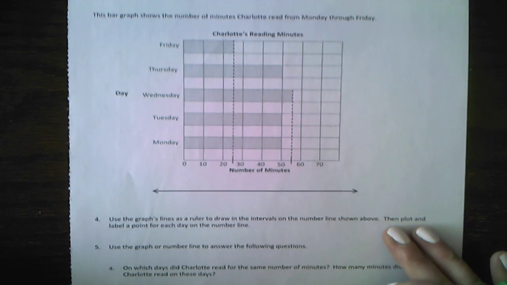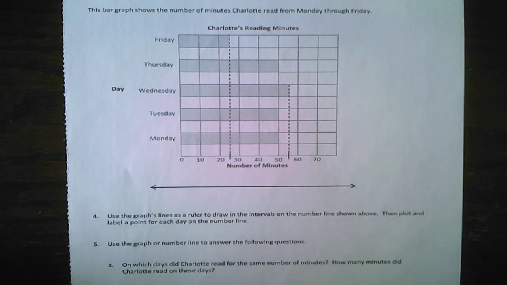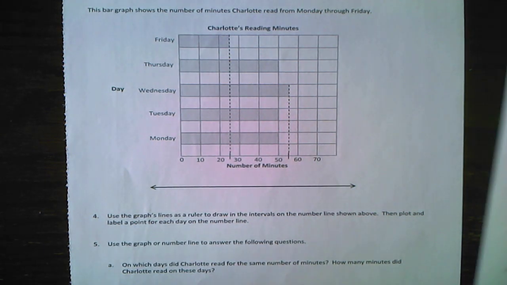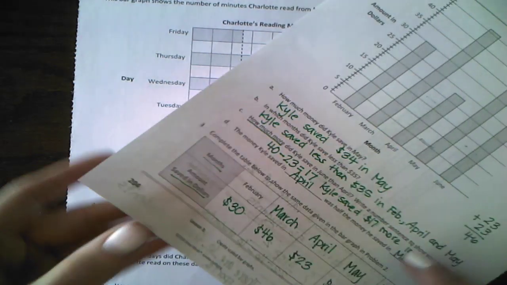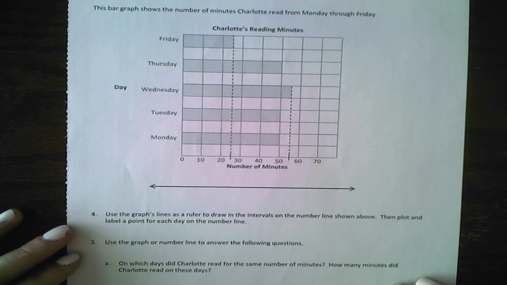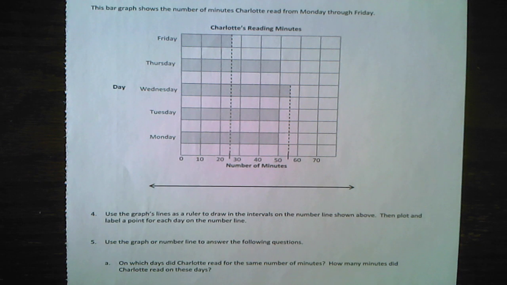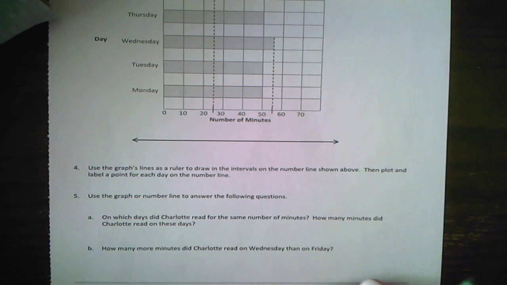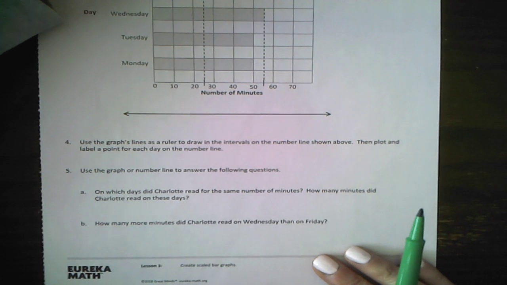Do you see how this is different from the graph we just read? That graph was up and down, and these bars are sideways. We can read it in a similar way. It just looks different, but let's not freak out. We got this. You're not going to get the best of us, lesson 3.